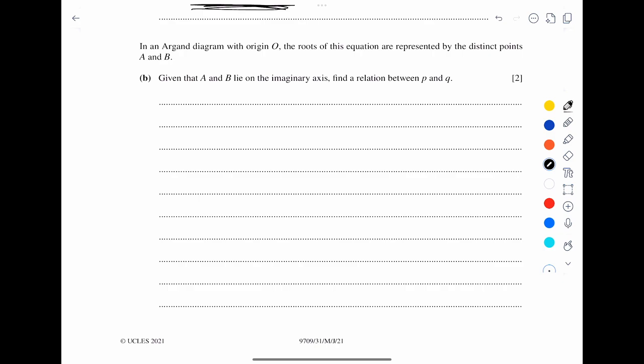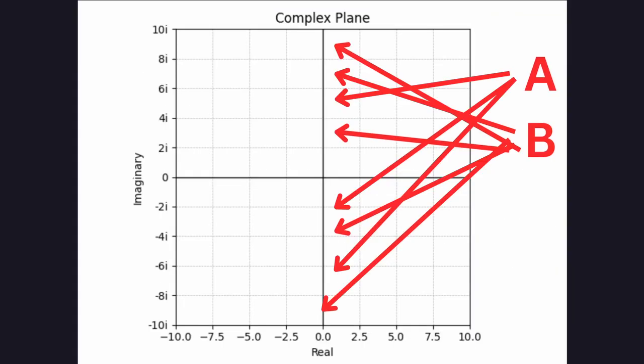The Argand diagram. 2. The roots are represented by both A and B. And 3. A and B lie on the imaginary axis. So, to summarize, A and B lie on the imaginary axis and are therefore completely imaginary.